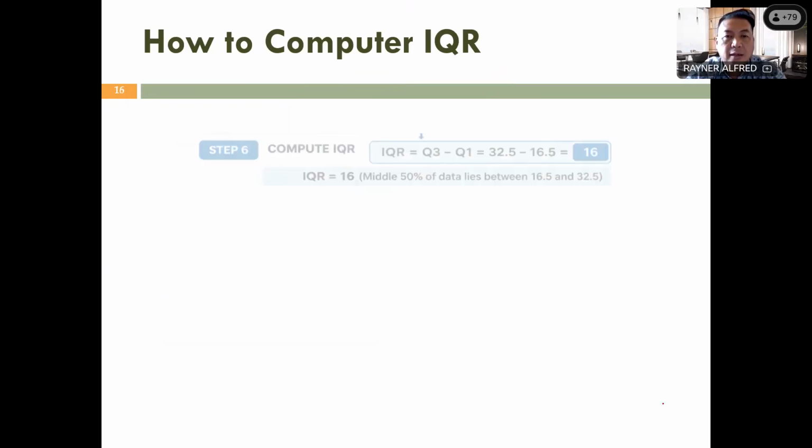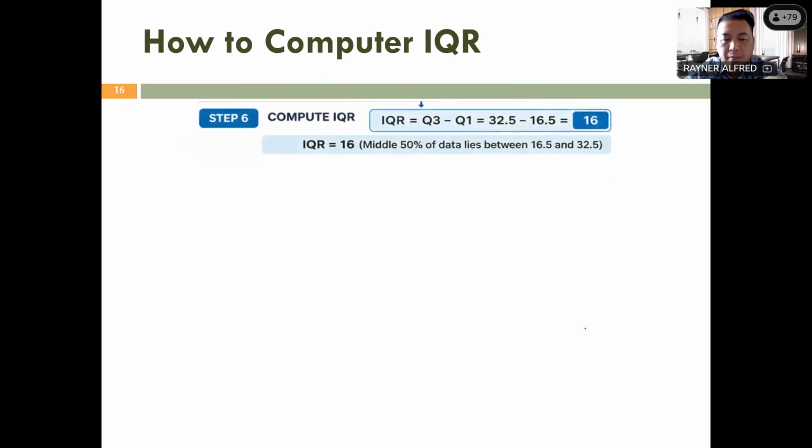and then the IQR can be computed by subtracting Q1 from Q3. So we get this one. Okay. So our IQR is 16 here.